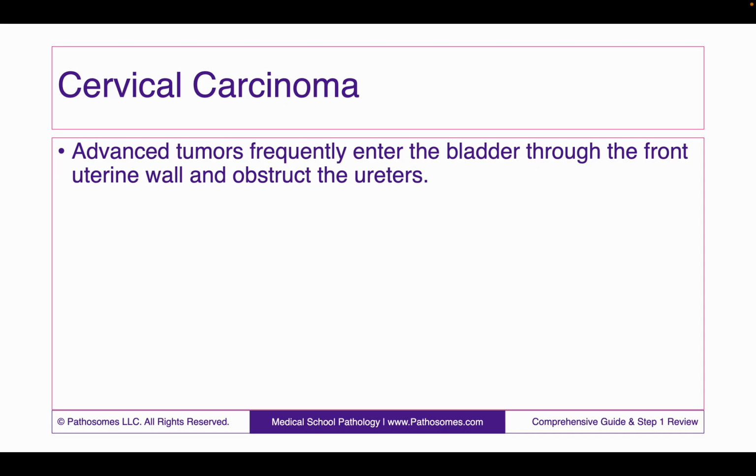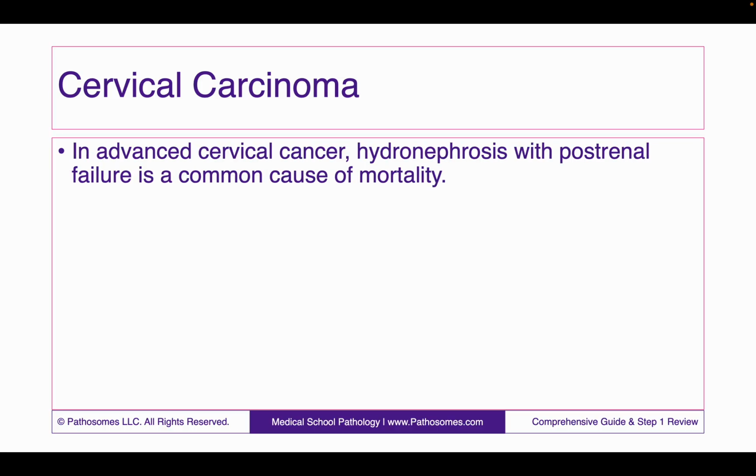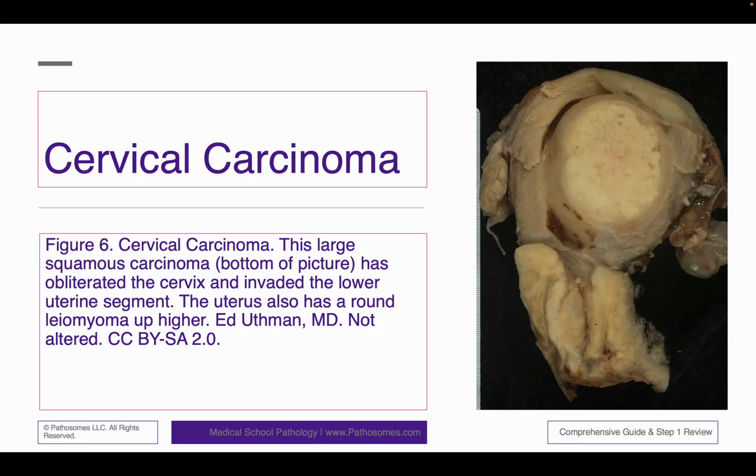Advanced tumors frequently enter the bladder through the front uterine wall and obstruct the ureters. In advanced cervical cancer, hydronephrosis with post-renal failure is a common cause of mortality.